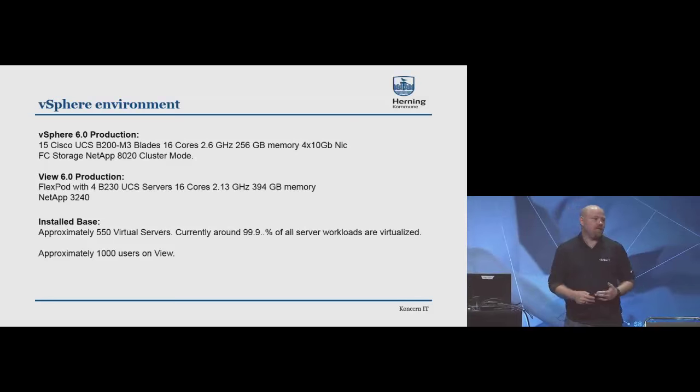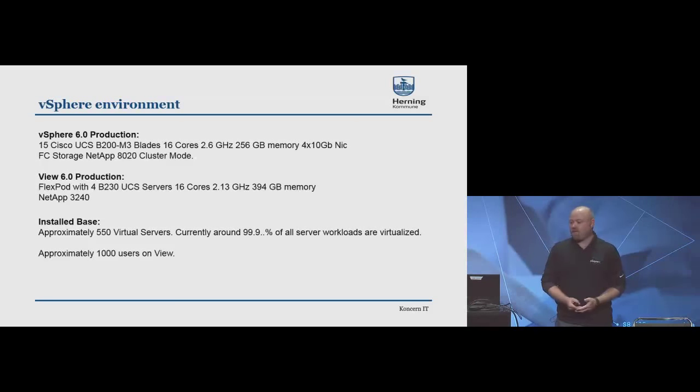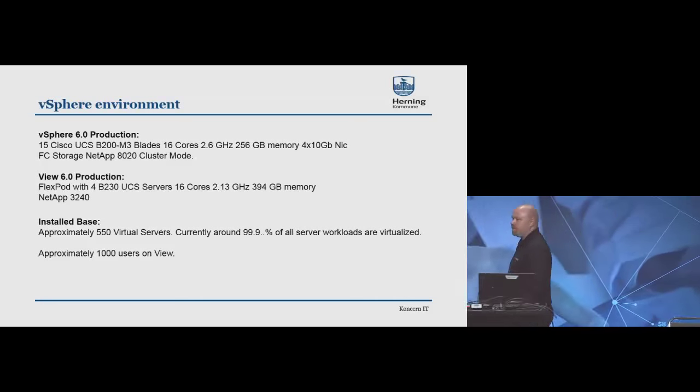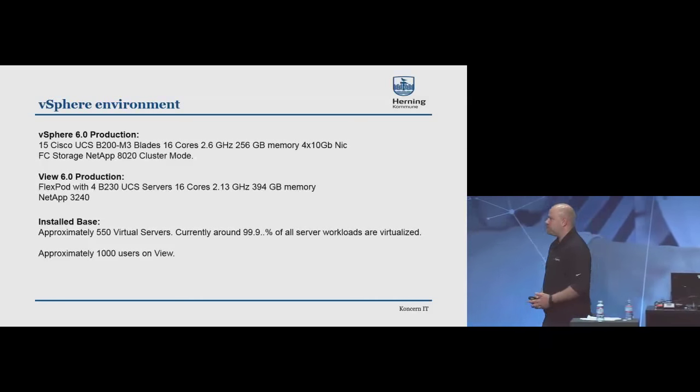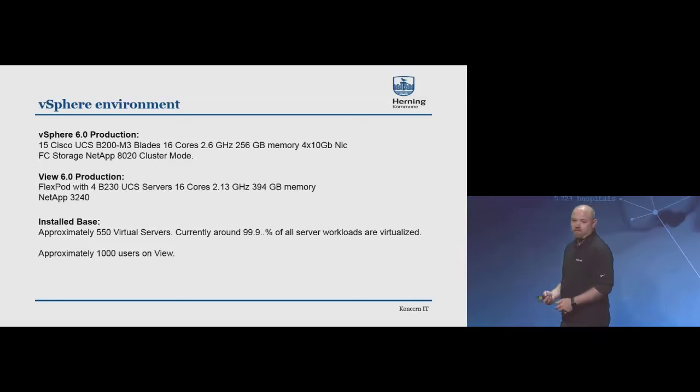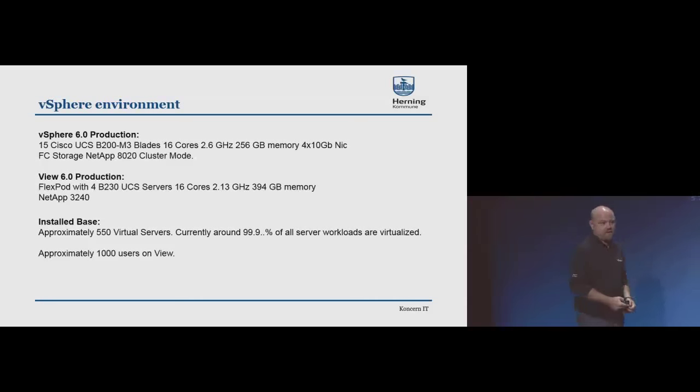Besides my server environment, I also have a VDI environment with about 1,000 users. In the vSphere environment, we're running about 500 to 550 servers, and we are almost as virtualized as possible. Right now, I only have 2 servers not virtualized. One is an alert system, because it needs analog telephone lines.